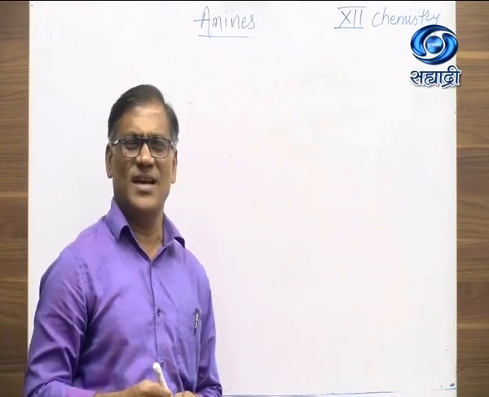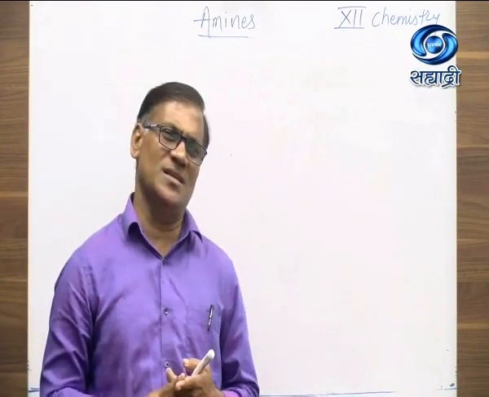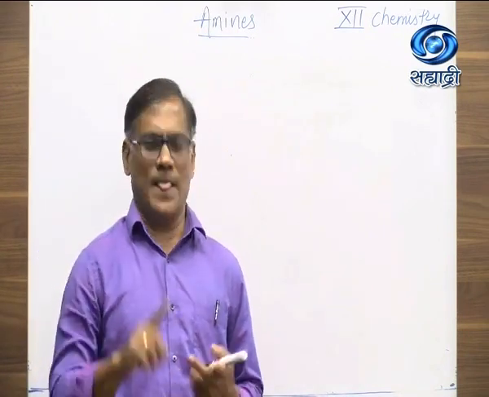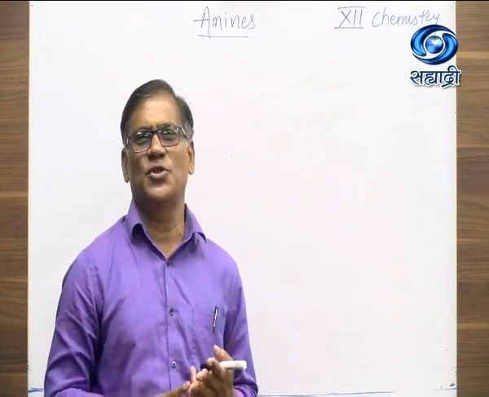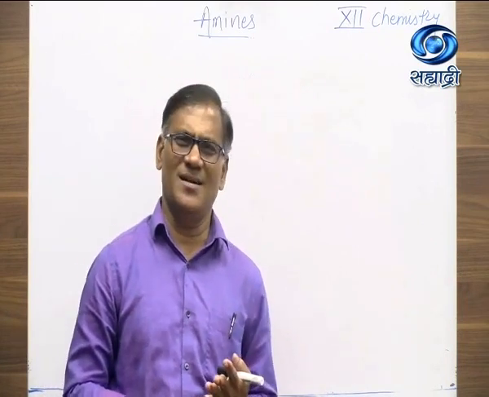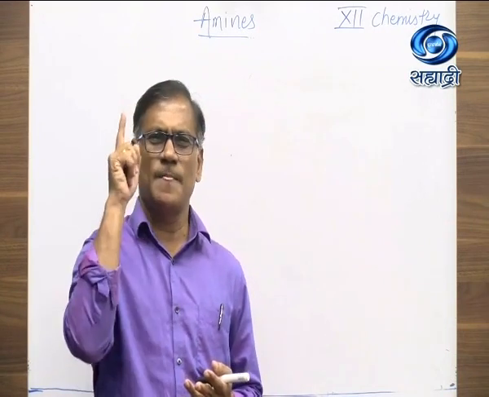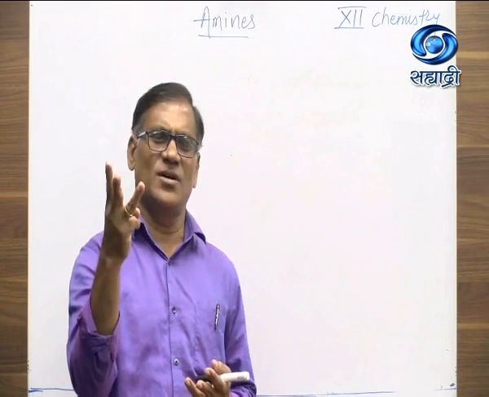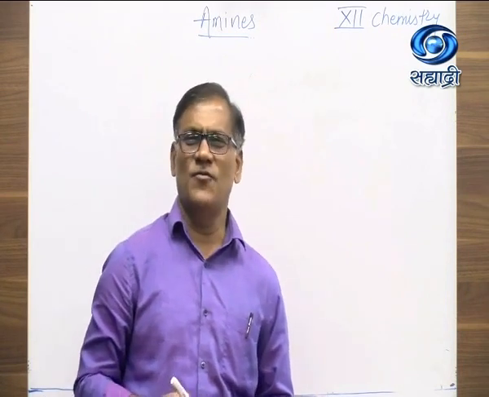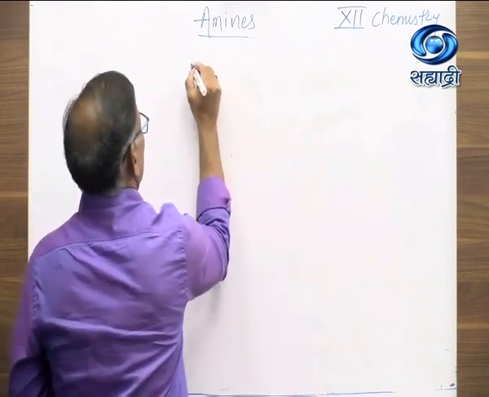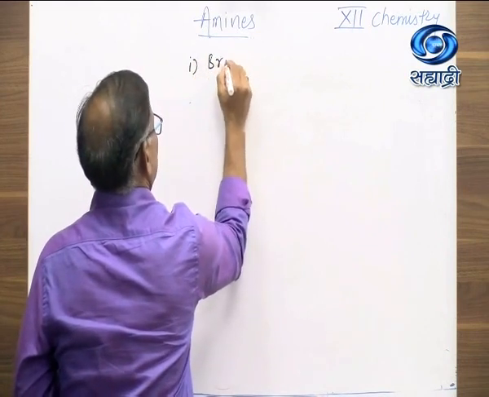So the last reaction, that is the 9th reaction, the name of this reaction is electrophilic aromatic substitution reaction. Under this we are going to study 3 important reactions: first bromination, second nitration, and third sulfonation. First, bromination. So the bromination reaction.